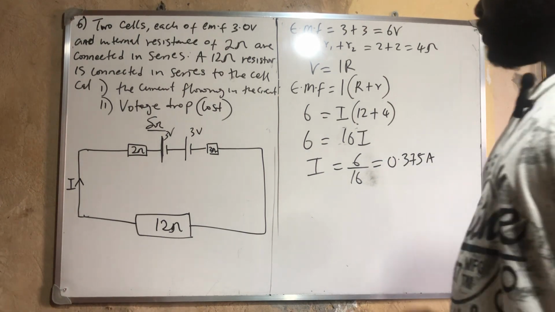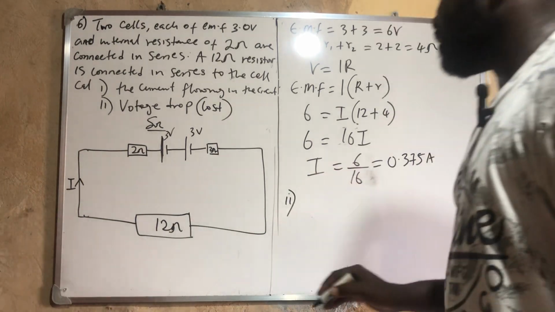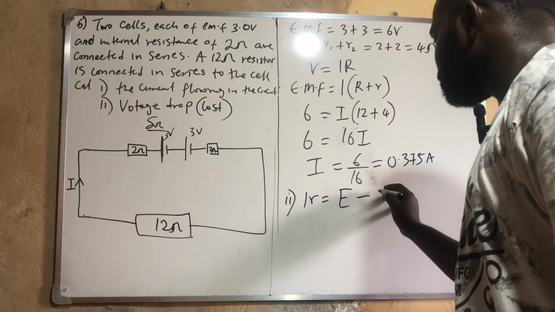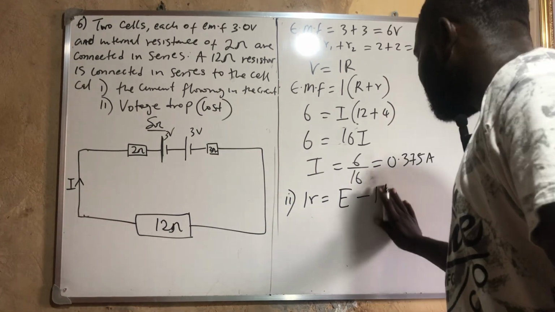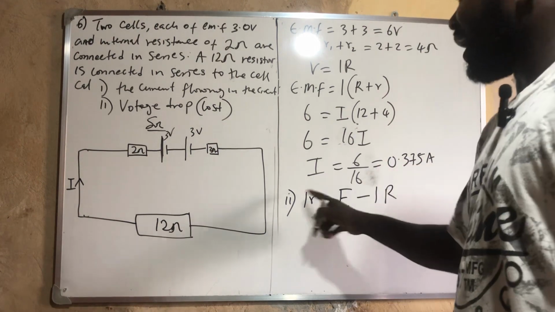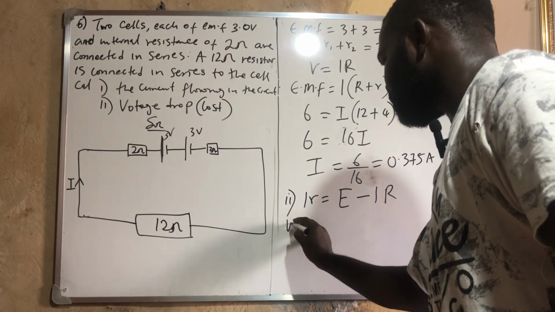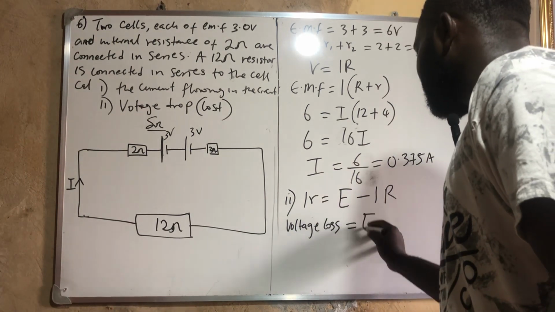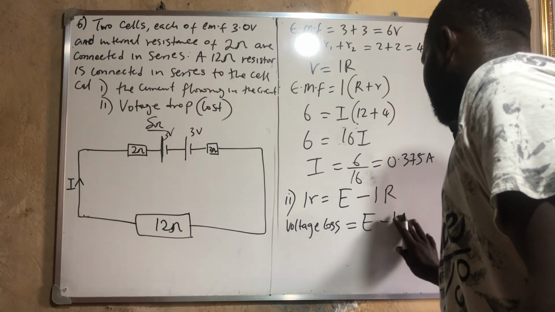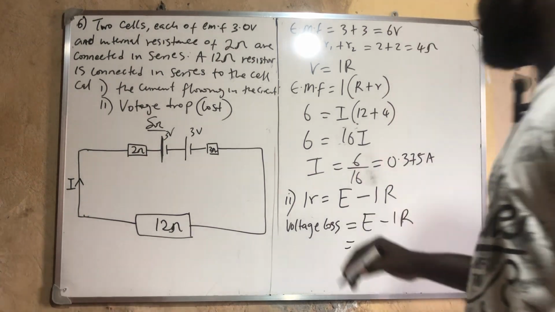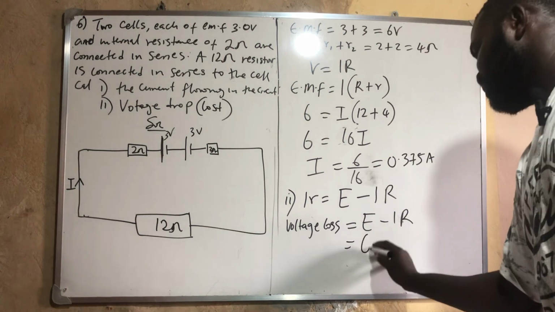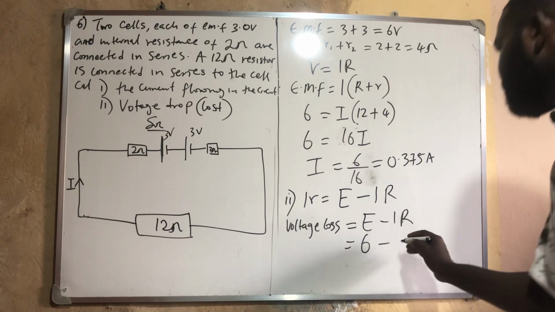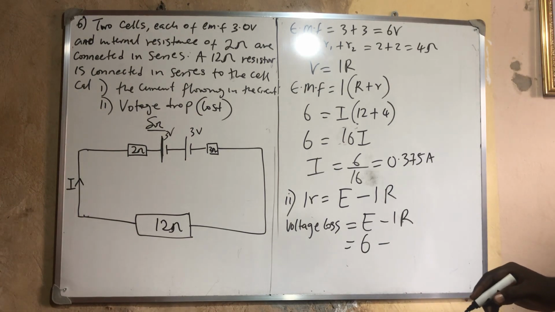Okay, I've gotten this. So the voltage drop or the voltage loss is the small one, which is I small r, is equal to the EMF minus I big R. So this I small r is what we call the voltage loss. So E, which I got as 6, minus I big R. My I is 0.375 and my big R is 12.